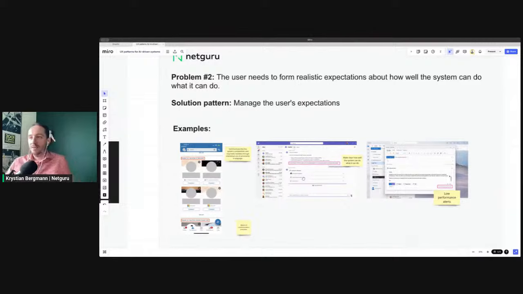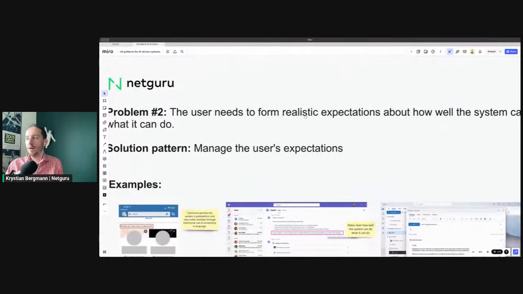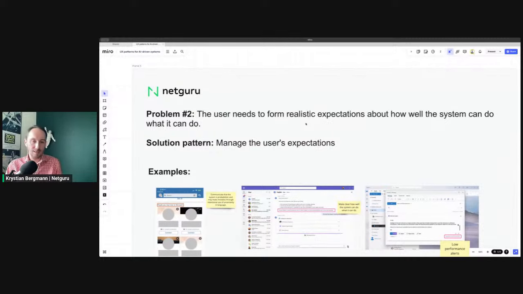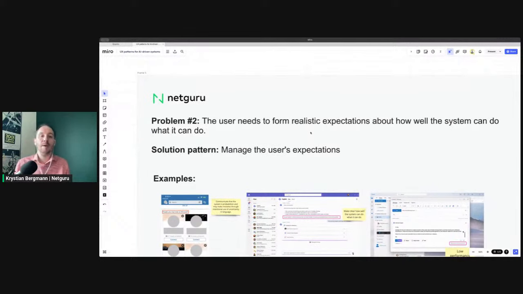The second pattern is how to set up realistic expectations about how well the system can perform and what it can do, right? So how to manage the user expectations. And again, a very significant challenge with today's systems, specifically around Gen AI but not only, also with recommender systems, is that you might have different quality of the output, right?